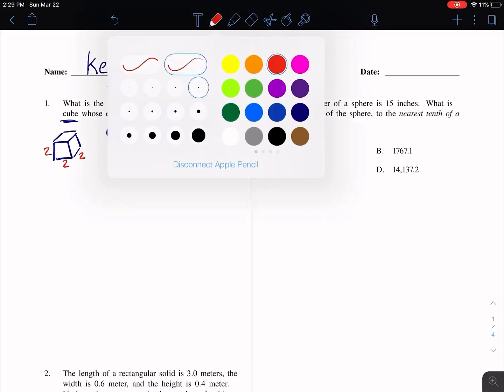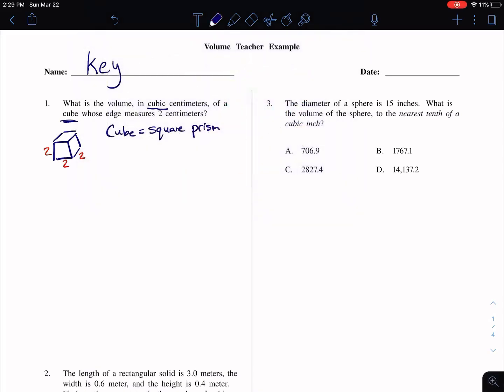So the volume here for this question is going to be either side cubed, or some people like to look at it as if it was a rectangular prism where we'd have length times width times height. In either case, the volume is either going to be 2 cubed, or 2 times 2 times 2. It's going to be the same thing.